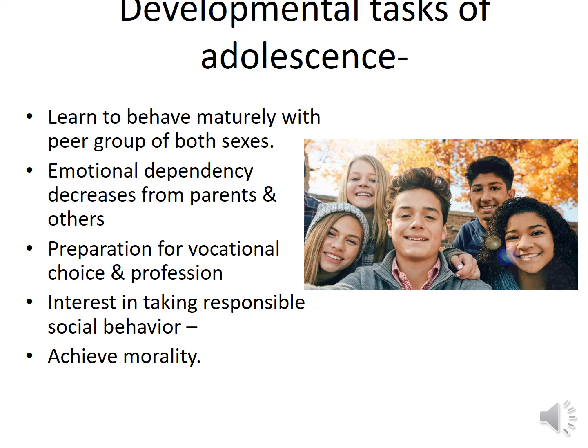They want to know their identity. They show interest in their own skills, and they also take responsibility for social behavior. And morality is also a very important developmental task during adolescence.